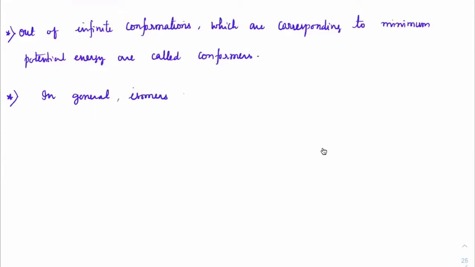Correct. Now in general, isomers can be separated. So basically, if you have any two isomers, we should be able to separate them either by their difference in boiling point, correct? Difference in their nature of reaction, difference in their hydration, anything. So we should be able to separate the isomers.